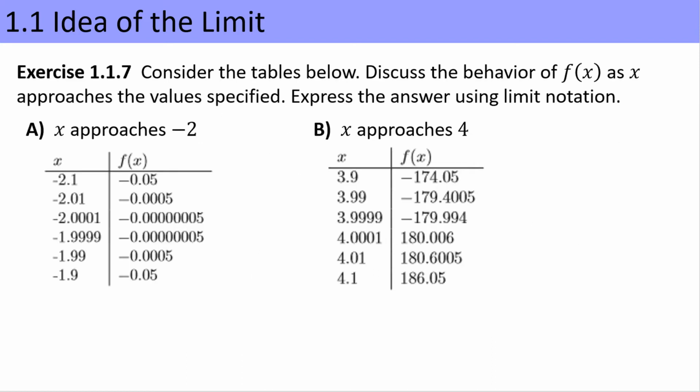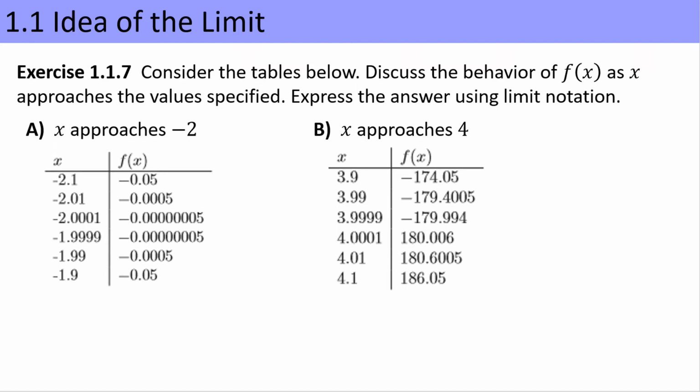Exercise 1.1.7. Consider the tables below. Discuss the behavior of each of the functions as x approaches the value specified. Express the answer using limit notation. A. As x approaches -2, the table consists of 2 columns followed by 7 rows.